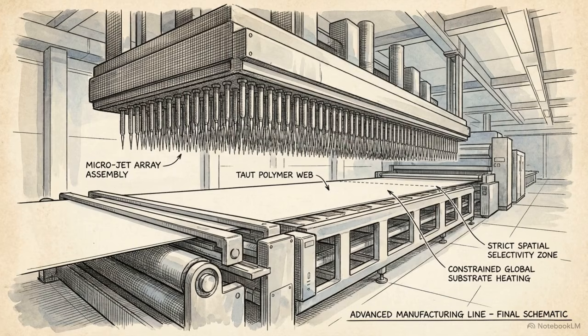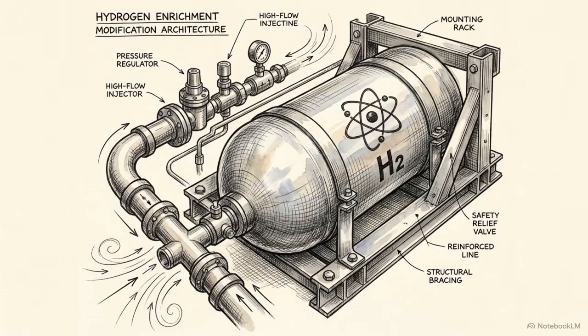When a manufacturing line demands strict spatial selectivity or highly constrained global substrate heating, multi-row microjets become the mandatory architectural choice.